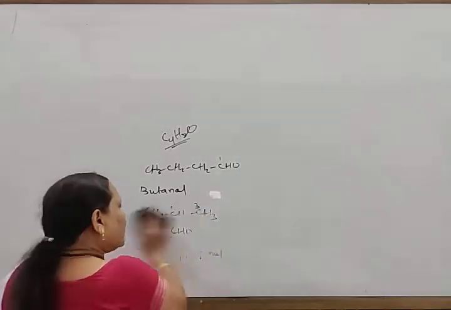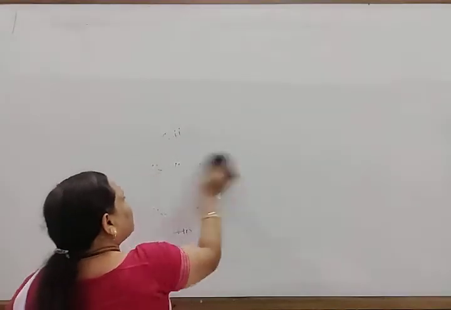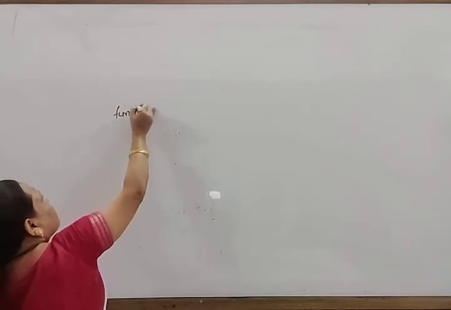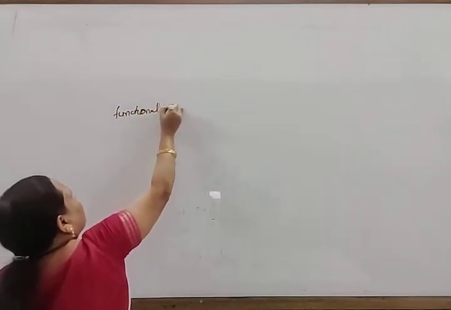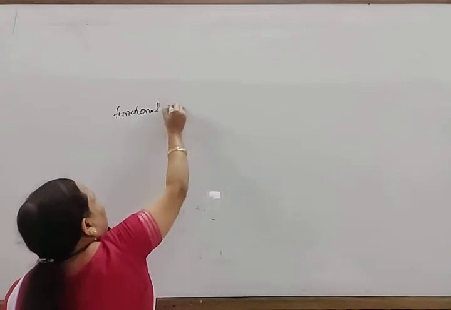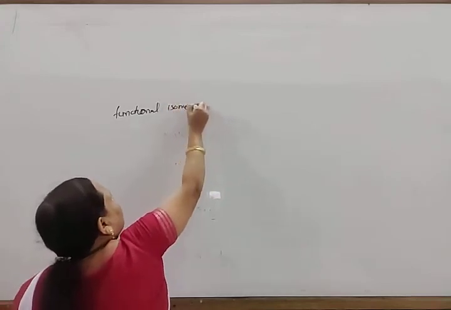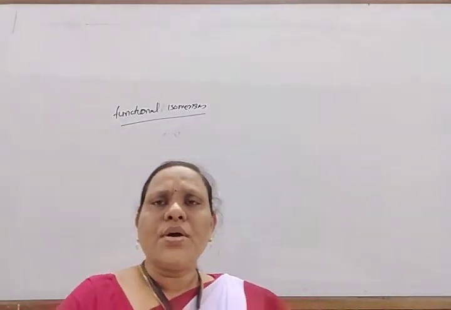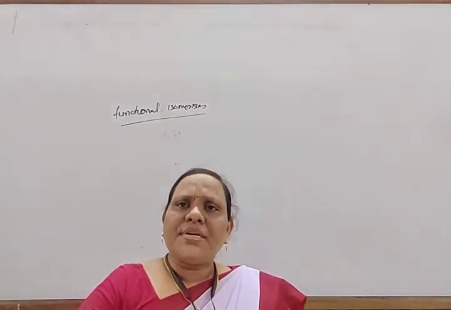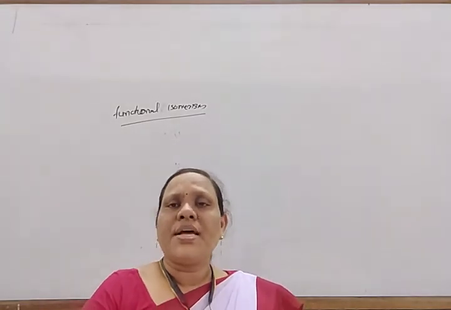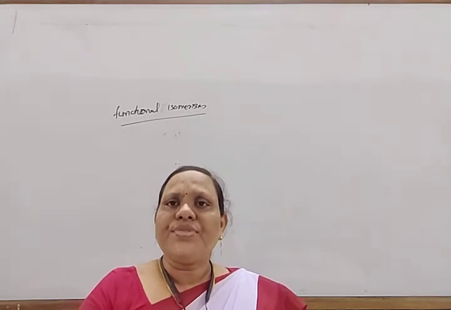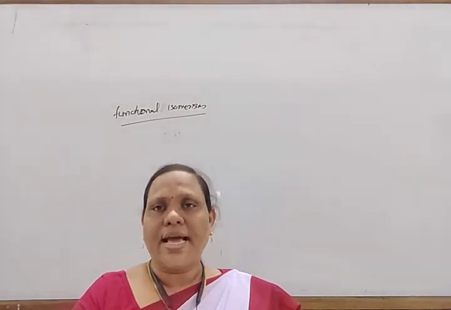Okay. Next we come to another type of isomerism that is called functional isomerism. So what is functional isomerism? When the same molecular formula represents two or more compounds which differ by the presence of different functional groups, then such compounds are called functional isomers of each other, and this phenomenon is called functional isomerism.